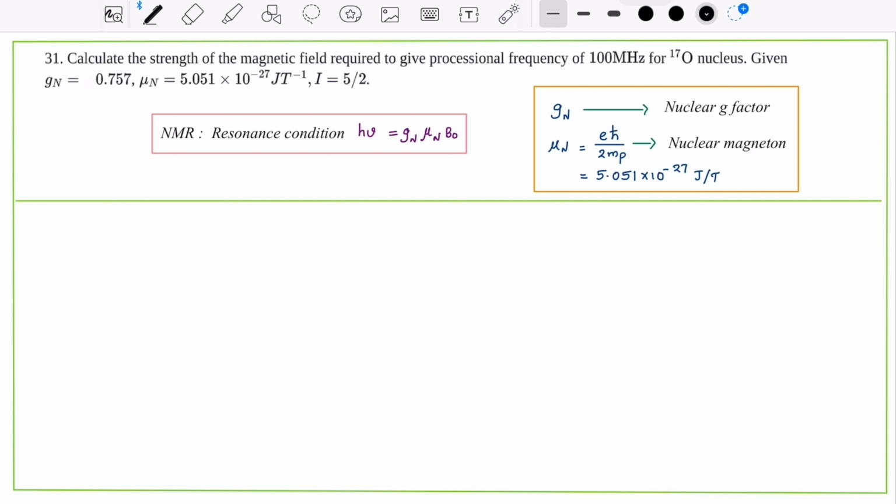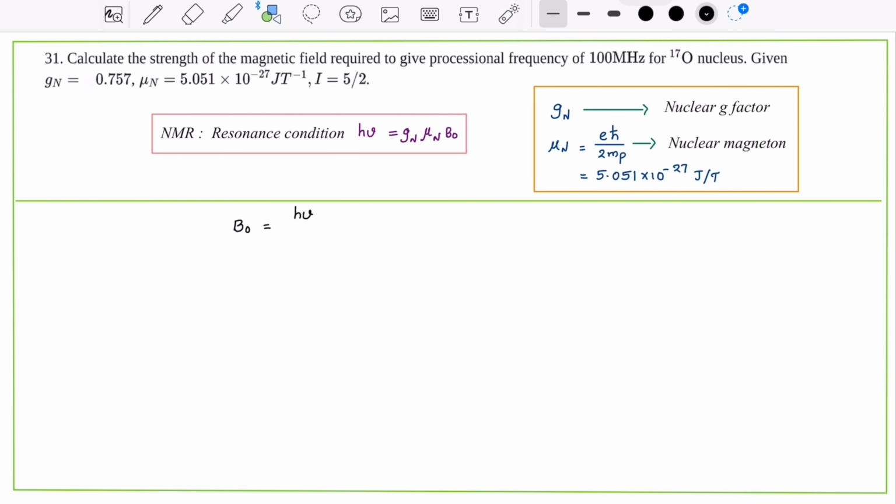In this problem, we have to use the equation for NMR resonance condition. The equation is h nu is equal to Gn mu n B0, and from that equation we have to find out the strength of the magnetic field.